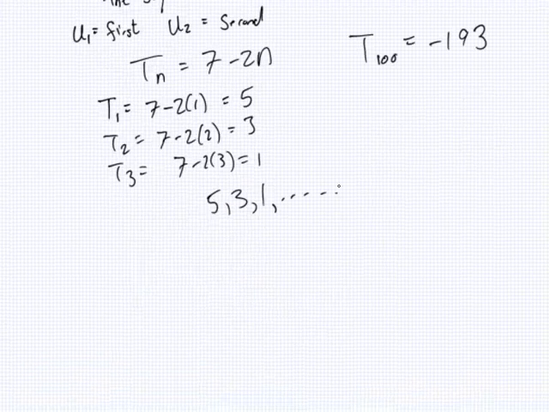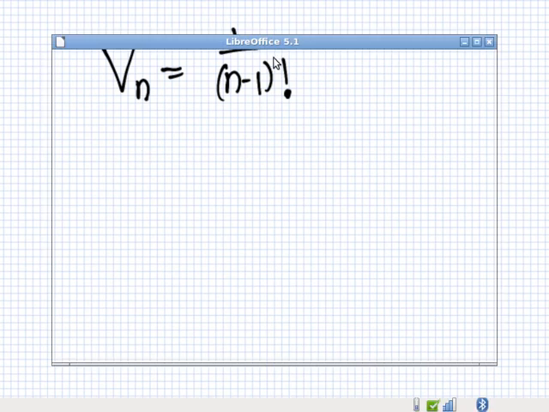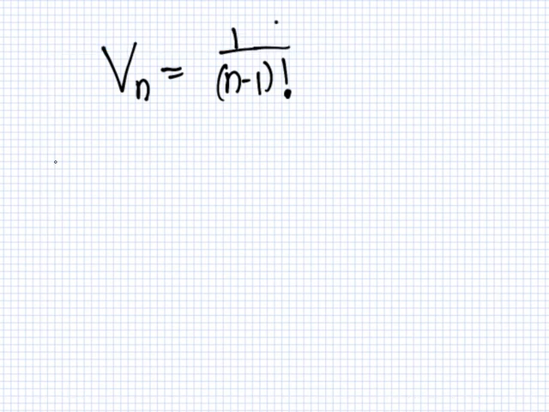Okay, let me just give you another one just to practice now. So let's call this sequence V. So for the sequence V, the formula is 1 over (n minus 1) factorial. Okay, so give me the first, second, and third term. So if you can write that down.